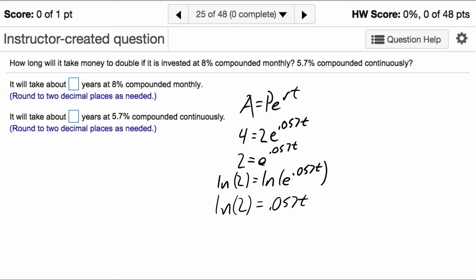What natural log does, e undoes. Then we can just divide by 0.057.